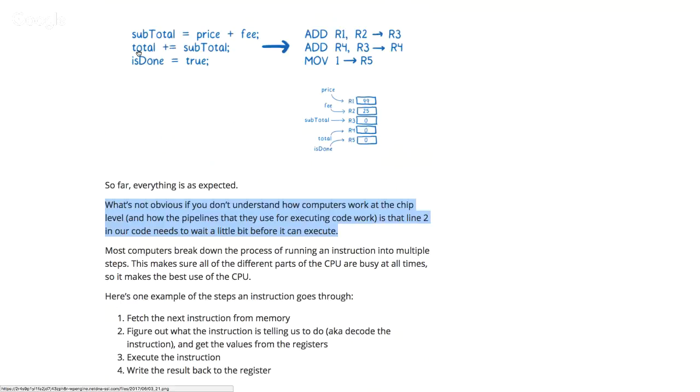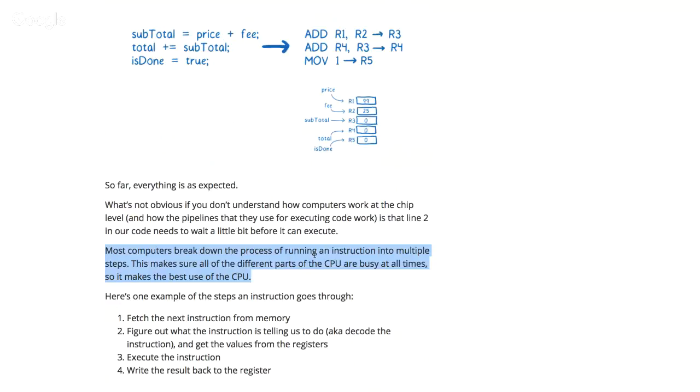Obviously, I'm guessing if they're talking about this line 2, total plus equals subtotal, it has to wait for the first operation to finish before you can execute the second one. Okay. Most computers break down the process of running an instruction into multiple steps.